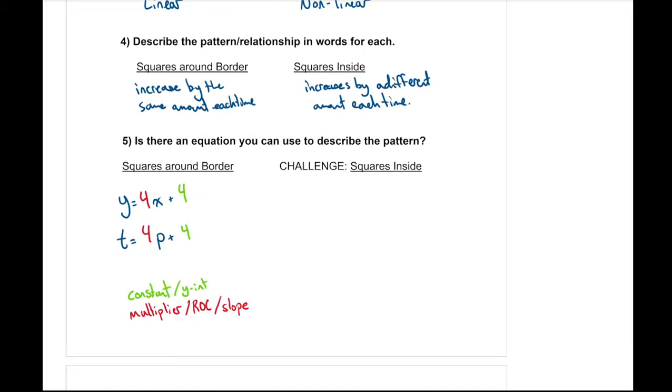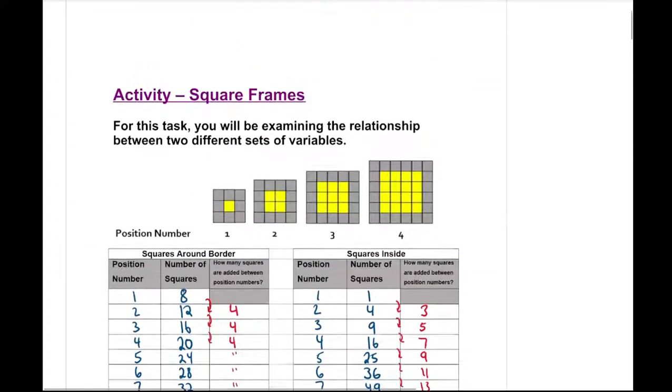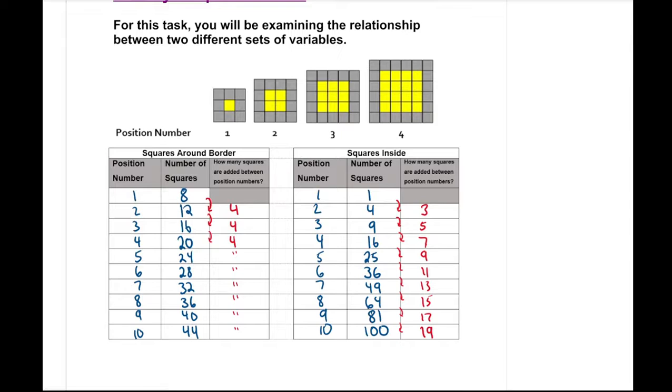And if you want to challenge yourself, you can try to figure out the rule or equation for the squares that are on the inside. So if we go back up and look at our table, it might be a little difficult because we don't have a common multiplier here, because it's increasing by a different amount every single time. So this doesn't follow our standard rule.